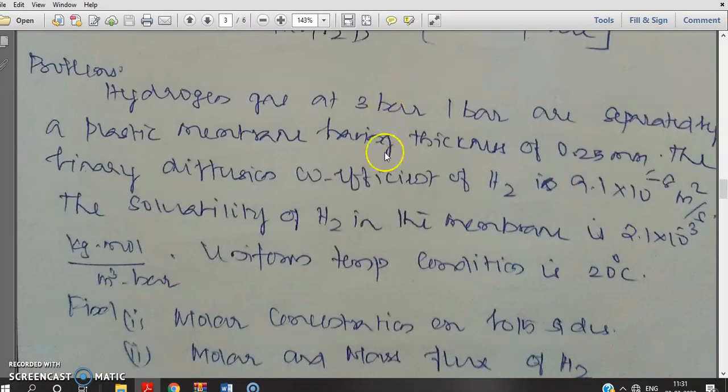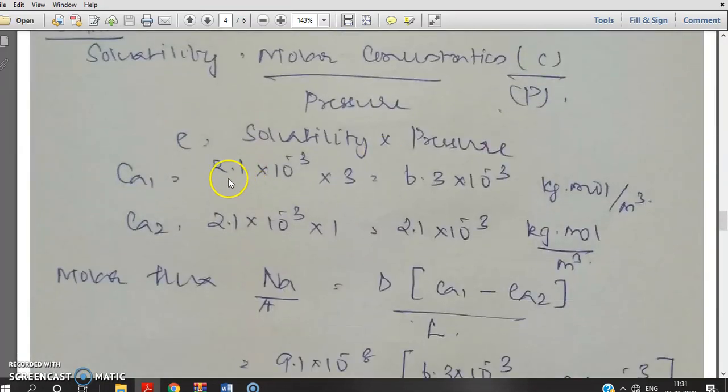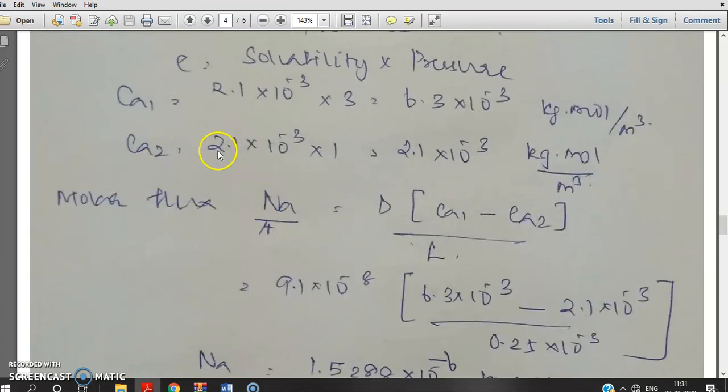The pressure here is 3 bar at the left hand side. So 2.1 × 10^-3 into 3 is equal to 6.3 × 10^-3 kg mole per meter cube. So CA2, 2.1 × 10^-3, that is the right hand side, comes around 2.1 × 10^-3 kg mole per meter cube. So everything is converted into kg mole per meter cube. That is called the molar concentration.